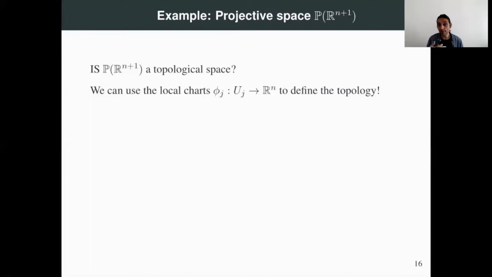And what you have to check is that these topologies agree on the intersections of these U_j. So when is that going to happen?